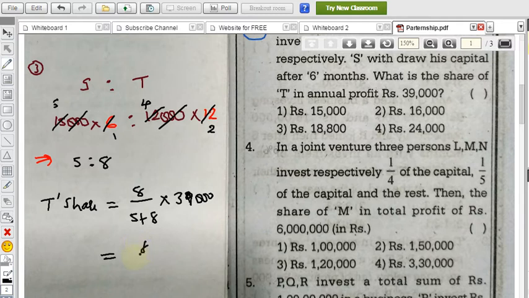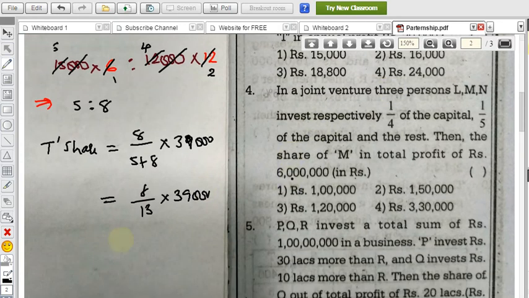Then 8 by 13 into 39,000. So we need to simplify this. 13 threes are 39, so 3,000. So 24,000 is the share of T. So T's share is 24,000 rupees.